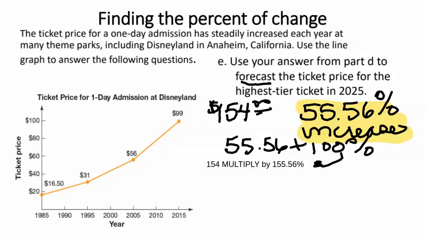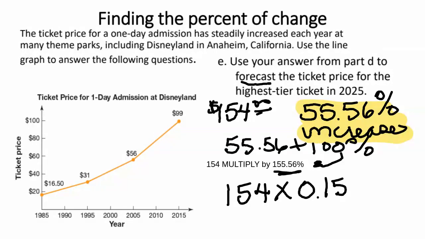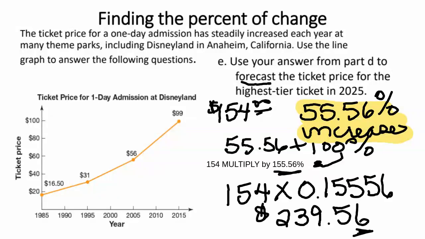That gave me this number. But remember, I've got to make this into a multiplier. So it's 154 times 0.15556, which will give me $239.56.